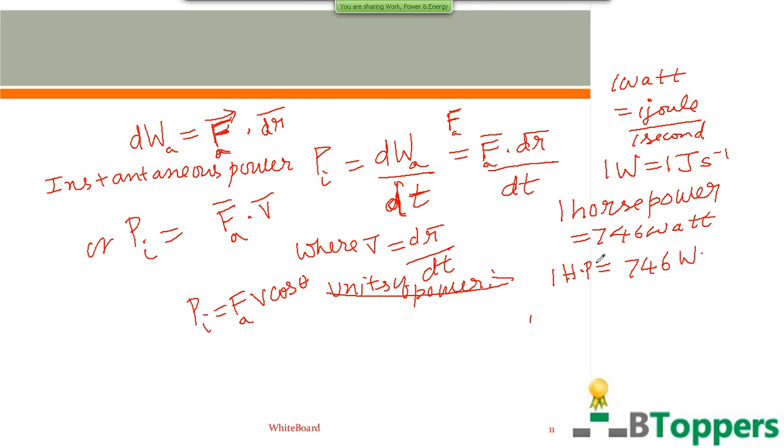So coming to some cases in calculation of power, some special cases in power.